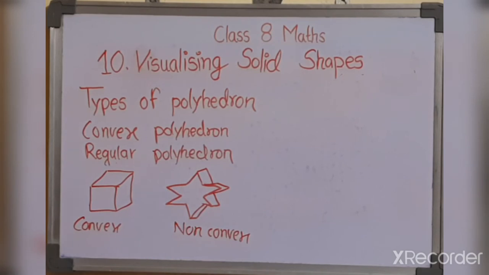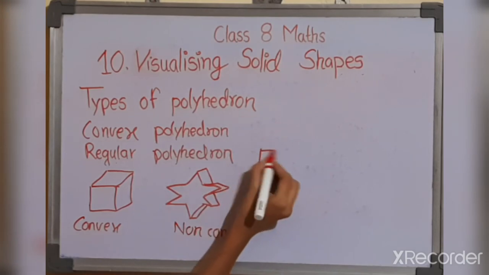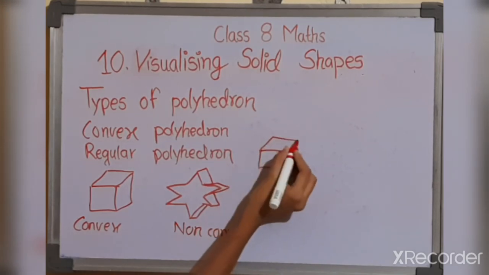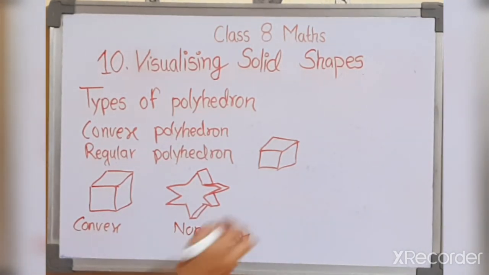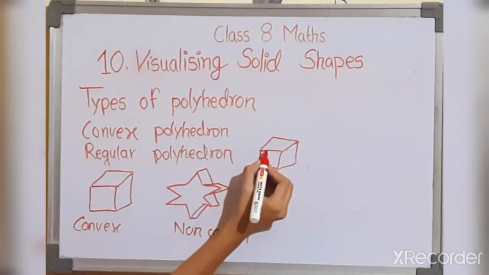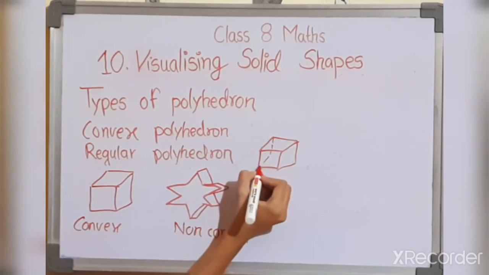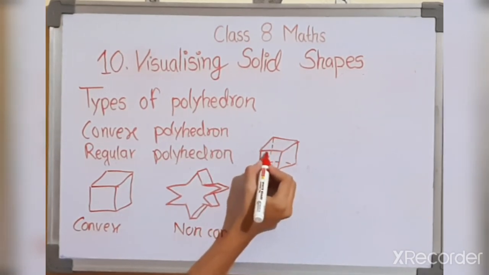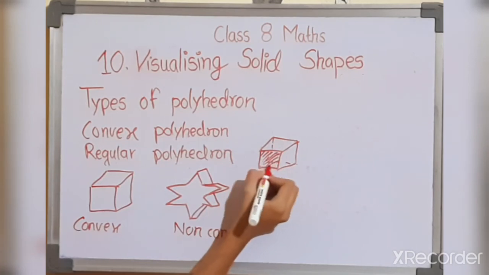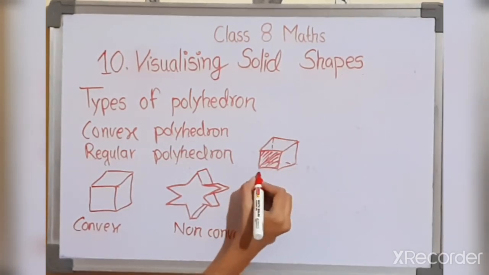Now let's see some of the examples of regular polyhedron. So this is a regular polyhedron in which this side of figure is completely filled. This is a regular one.